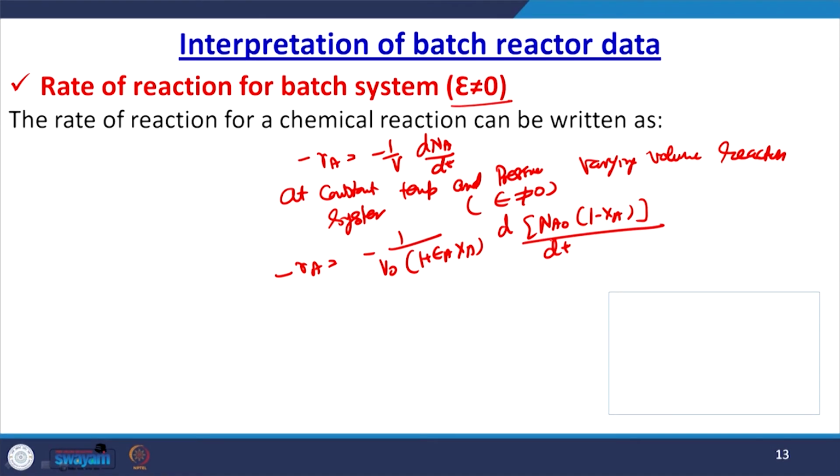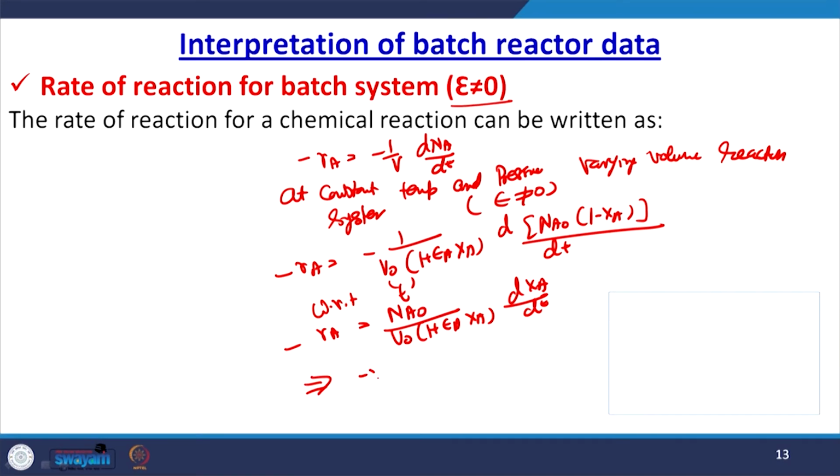upon dt. So, if we differentiate this particular equation with respect to t, then we may have minus Ra equals NA naught upon V naught 1 plus epsilon A Xa, dxa upon dt, or you can write minus Ra equals Ca naught upon 1 plus epsilon A Xa, dxa upon dt.